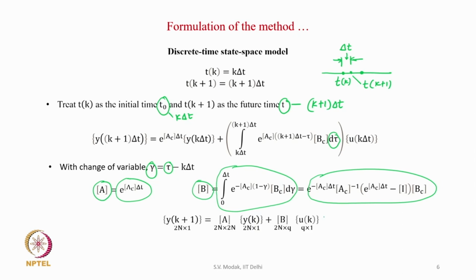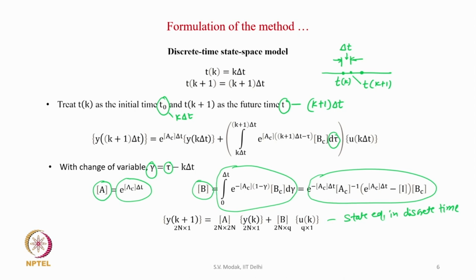So, this is the state equation in discrete time. Here we see that the state at a future instant, that is at the k plus 1th instant, depends on the state vector at the kth instant and the input vector at the kth instant, and A and B are the state matrix and input matrix in discrete time.